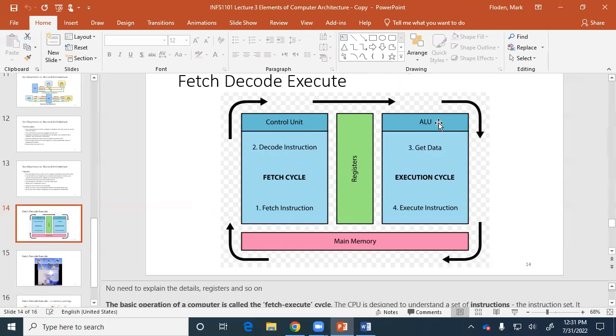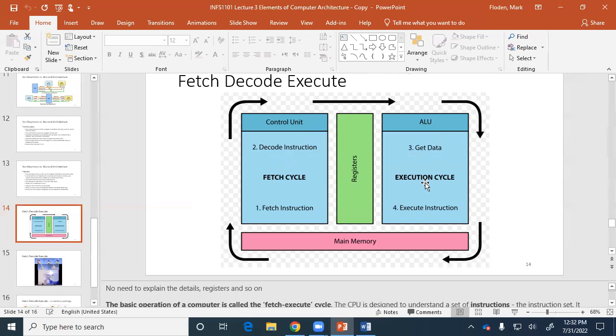So control unit and ALU. The control unit is fetching the instructions and then passing those instructions to the ALU. The ALU actually executes the instruction. So you can see that the control unit does the fetch, the ALU does the execution.